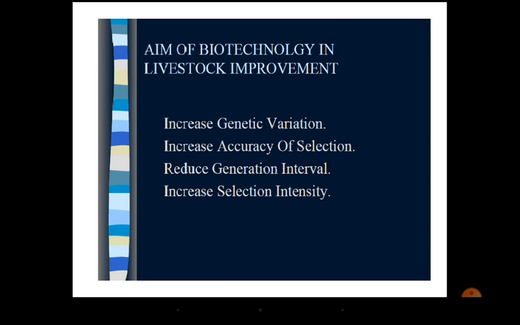In very simple terms, accuracy of selection means whatever variation is narrowed down in the parent generation should be visible to the maximum extent in the next generation of individuals.